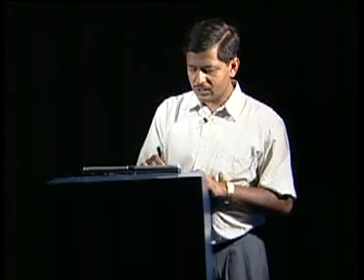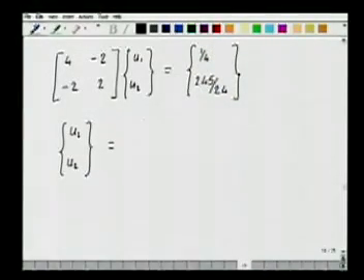So your u1 and u2 becomes equal to 251 by 48 and 31 by 3.